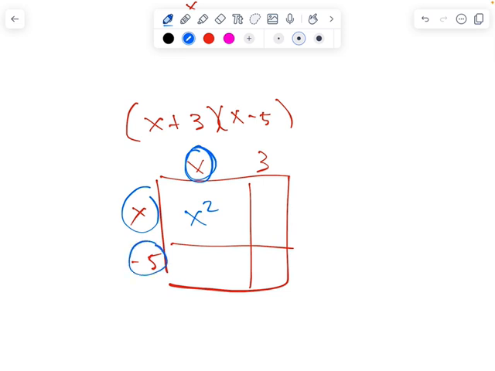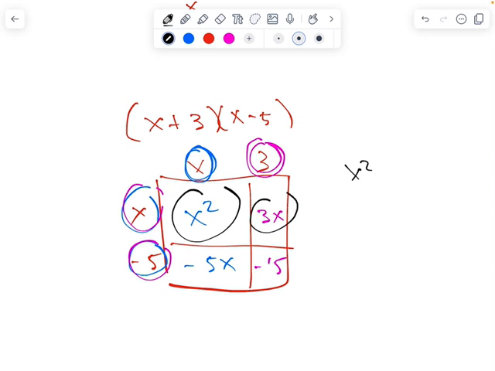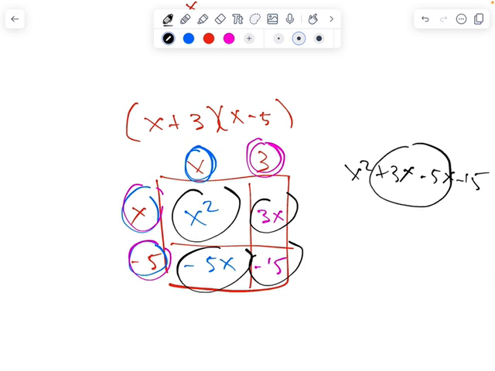X times negative 5 is negative 5x. 3 times x is 3x. 3 times negative 5 is negative 15. Now let's write this out. We've got our x squared term, our 3x term, our negative 5x, and our minus 15. Now we can combine these, and it's going to turn into x squared minus 2x minus 15.